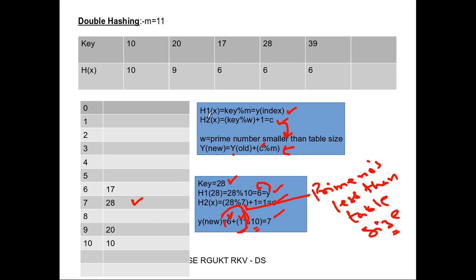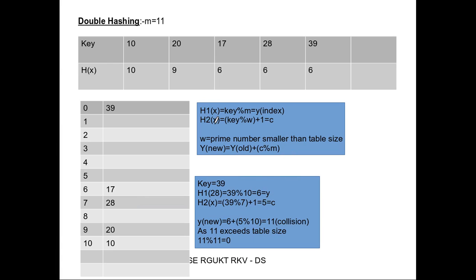So in double hashing, whenever a collision occurs, we calculate the new index where the element can be stored by using another hash function. This is another example, 39. If you want to store an element 39, the same thing has to be followed. Here at index 6 a collision has occurred. This is your old index. Next you pass it to the second hash function, same key, prime number, and plus 1, which gives 5, a new value for us.